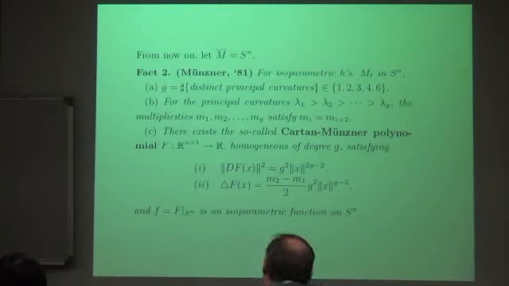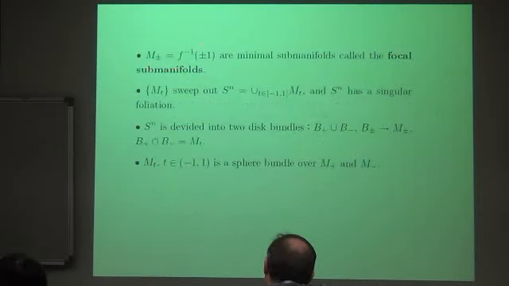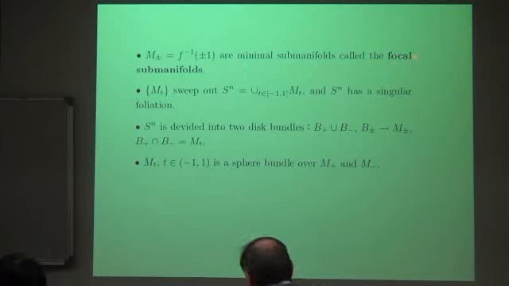If we take the endpoints, plus or minus 1, then the level set becomes a lower-dimensional regular submanifold, and they are minimal submanifolds. We call them the focal submanifolds. Then the isoparametric hypersurfaces and the focal submanifolds sweep out the ambient sphere. So the ambient sphere has a singular foliation.